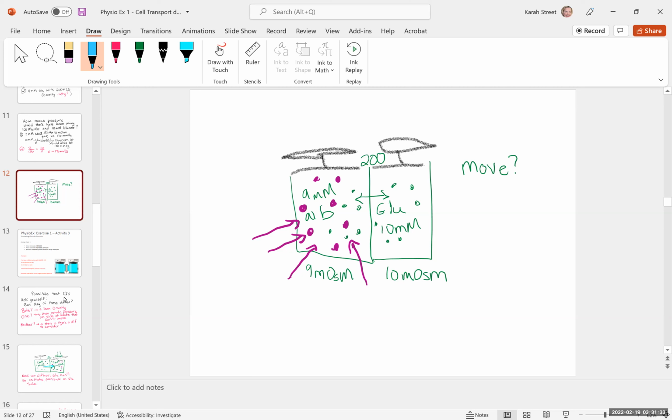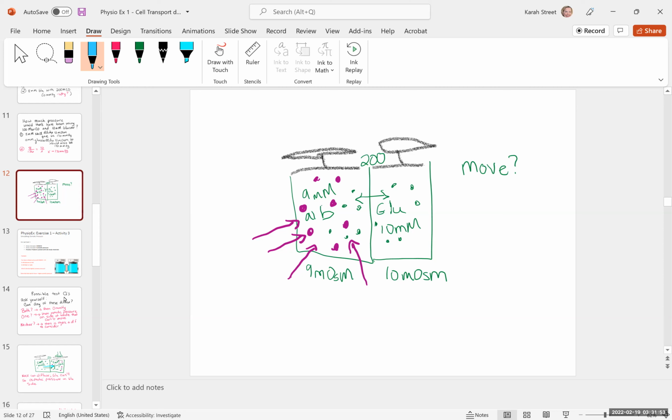Because glucose can move, it diffused from a high concentration to low. It diffused until there were equal amounts of glucose in the right side chamber as there are in the left side chamber along with albumin.